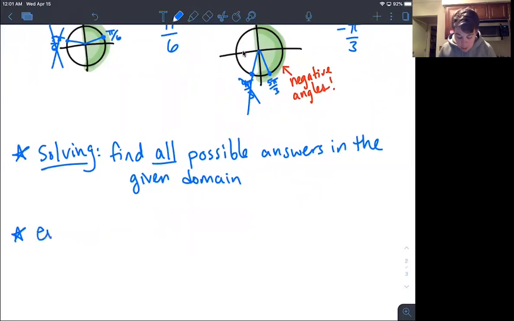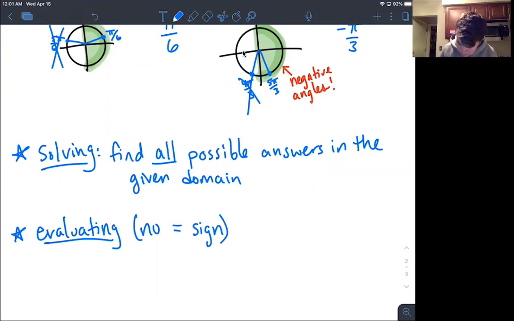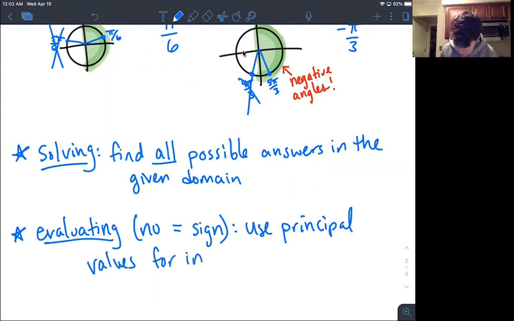For evaluating, when you don't have an equal sign, you're just looking at an equivalency, and maybe I should specify evaluating, there is no equal sign. What you want to do there is use principal values for inverses.